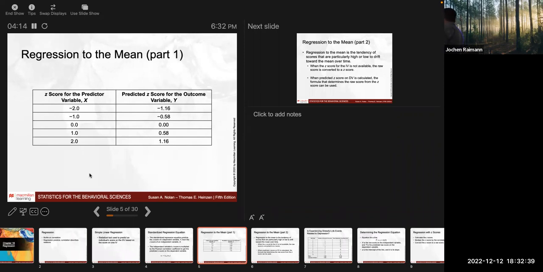At z of x equal to -1, you have -0.58. At +1, you have 0.58. So it goes in increments of 0.58, stepwise with the standard deviation. Remember the definition of a z score.